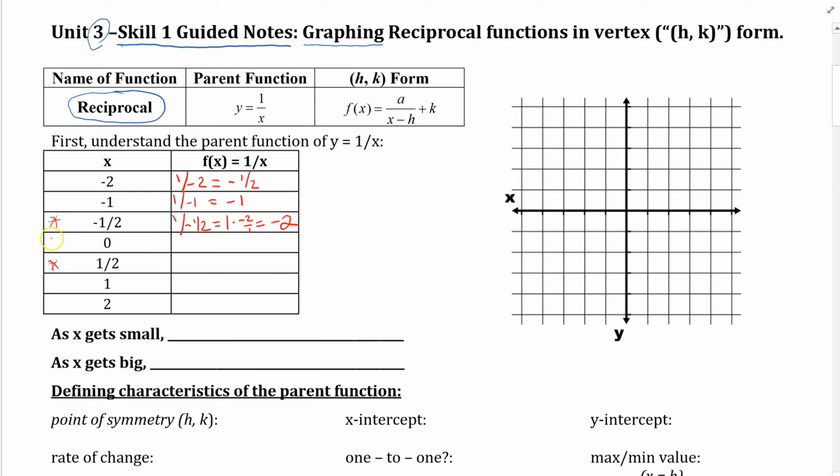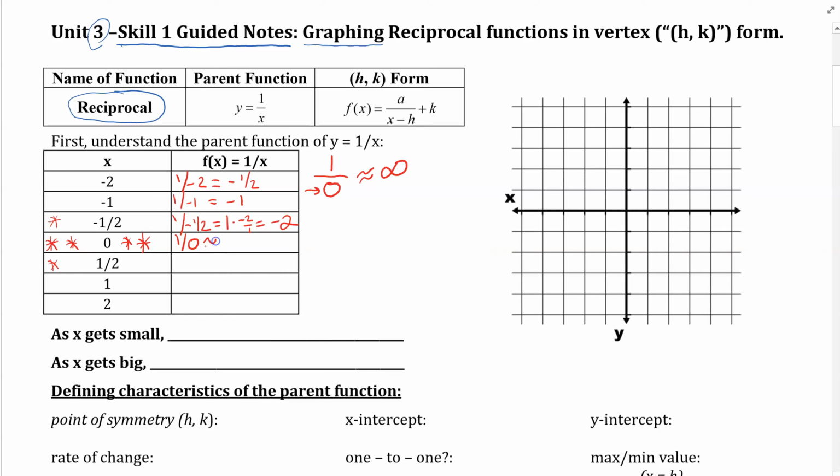Now, an even more special thing happens when x is 0. I'm going to give that one multiple stars because something very, very interesting and different happens to this function when I sub in 0 for x. I end up with basically a 0 in the denominator. And this was something that we analyzed earlier in class today: when you take the number 1 and divide it by a number that's getting smaller, approaching 0, getting closer and closer to 0, it actually produces a very large output.